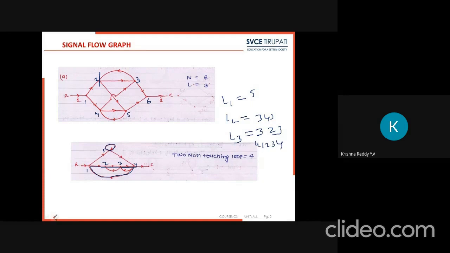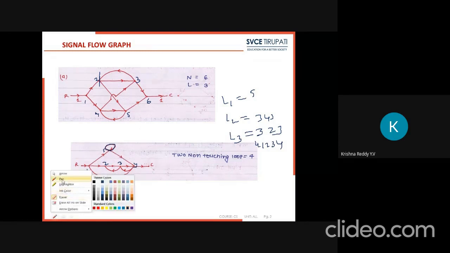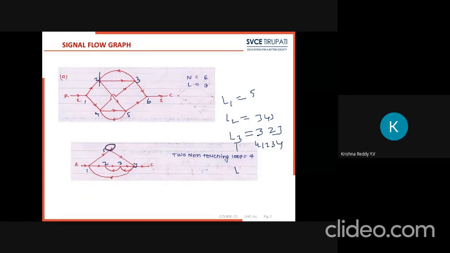Another one is moving 4, 5, 4. This is L5. Then we can calculate how many non-touching loops there are.